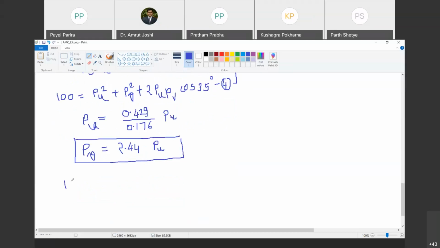So what do we get? 100 is equal to PU square plus 2.44 square PU square. Do you agree with me? PV क्या है? 2.44 PU है. Are you with me? Yes, sir. Plus 2 into 2.44 PU square.